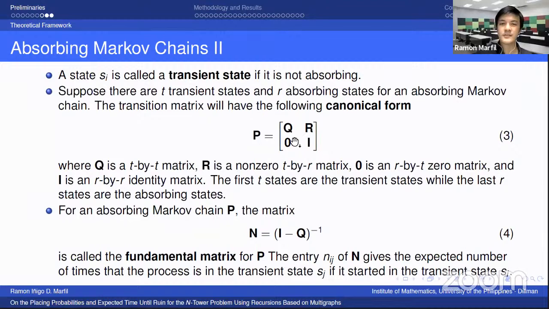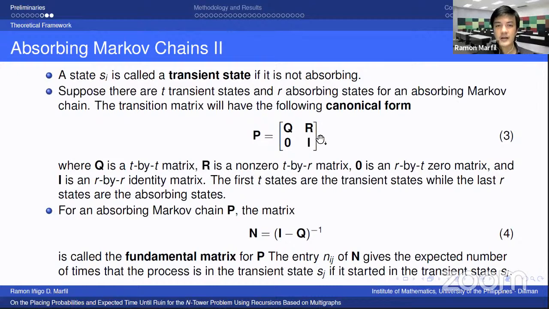So yung transition matrix will describe the transitions among states in the Markov chain. So yung submatrix Q describes the transitions among transient states, yun yung T by T square matrix natin. Yung submatrix R describes the transitions from transient states to absorbing states.